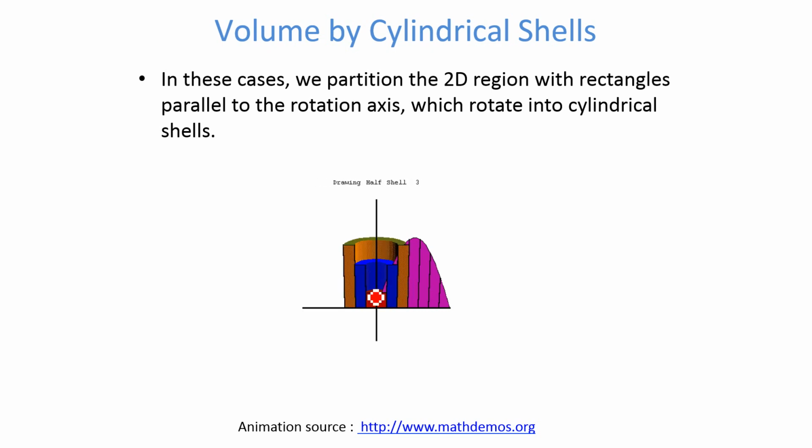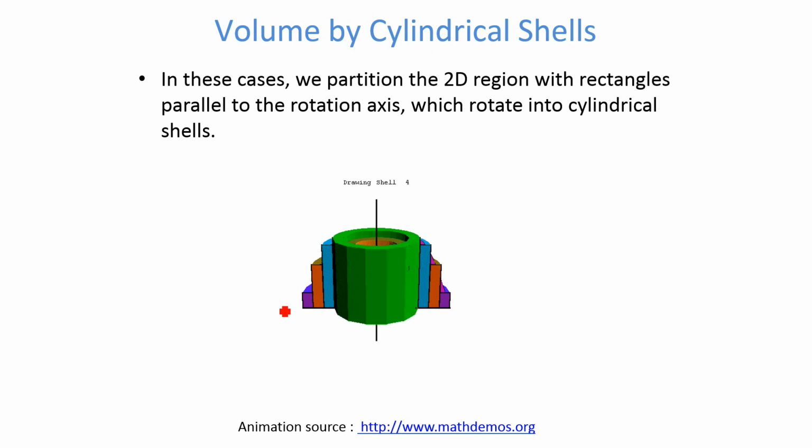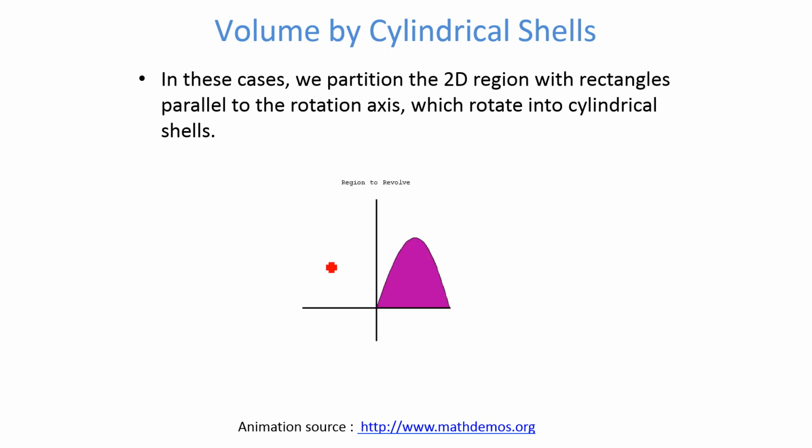You can see all these rectangles are rotating into cylindrical shells. Now we can find the volume of one shell, and adding all these volumes, we will have the volume of the solid of revolution. So this is actually the solid of revolution.